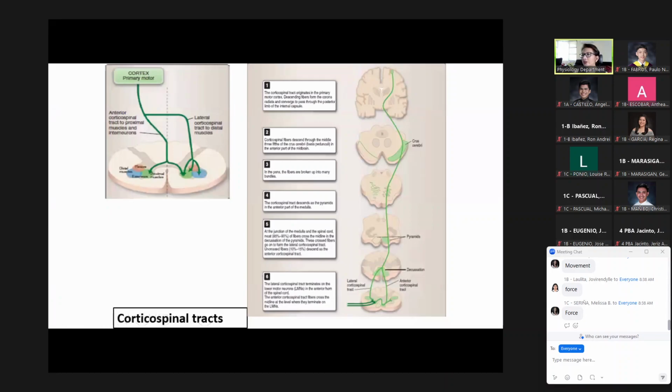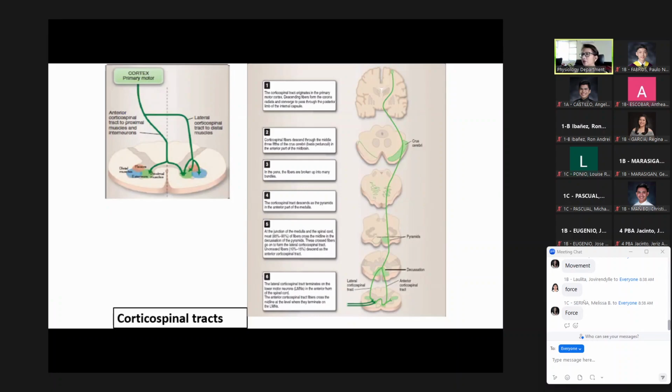The anterior corticospinal tract will be terminating in the medial portion. So they will be involved in control of movement of the axial muscles. Axial, meaning in the middle. Axial muscles are important for balance.